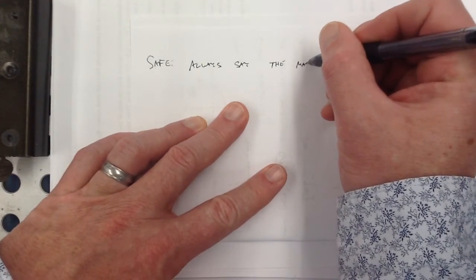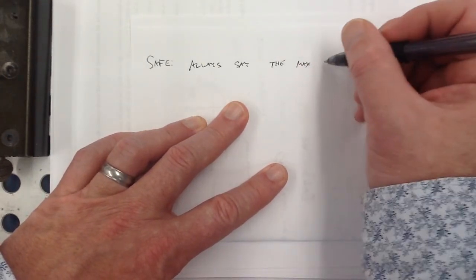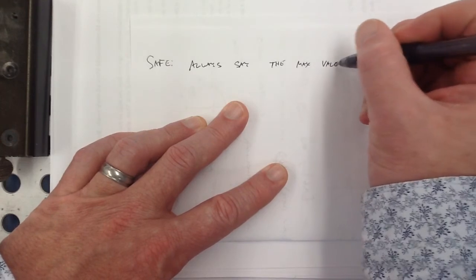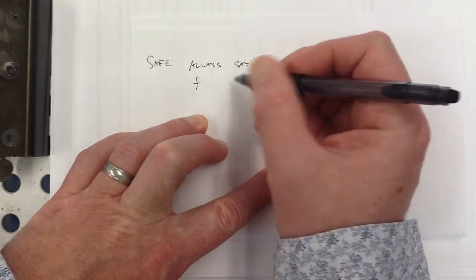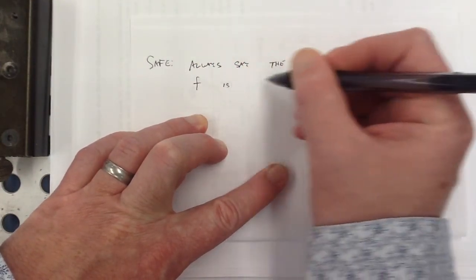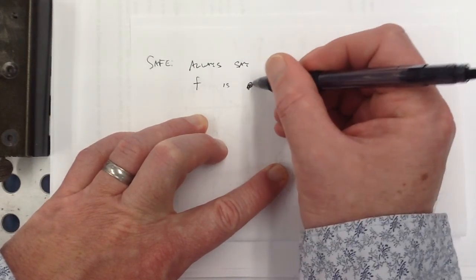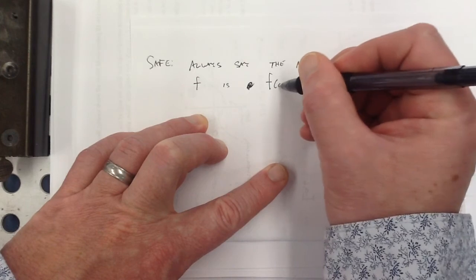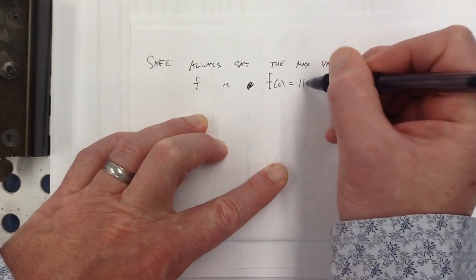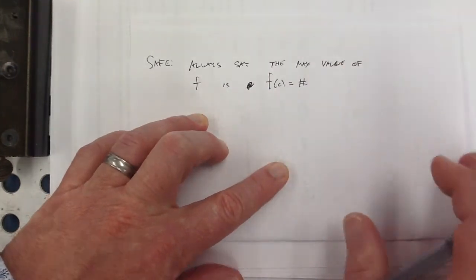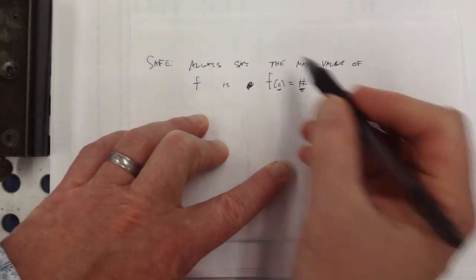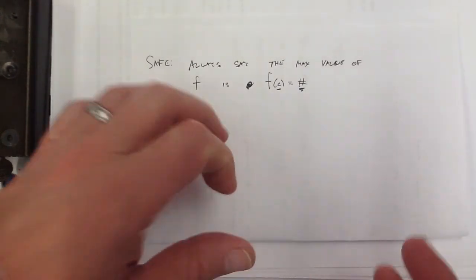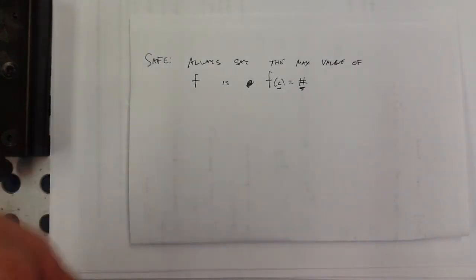The max, let's say this particular one was a maximum, value of f is f of c equals whatever the number is. So here you're including both of those answers. Here you're going to put your x value, and here you're going to put your y value, and that includes both of them as part of the answer. So then you're safe, right? Whichever one was asked for, you got them both. And that's all we're adding to this. That was easy.